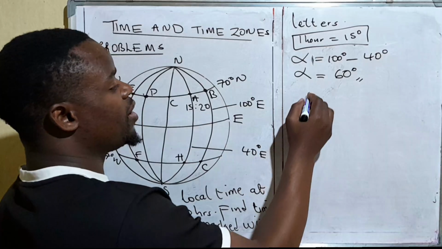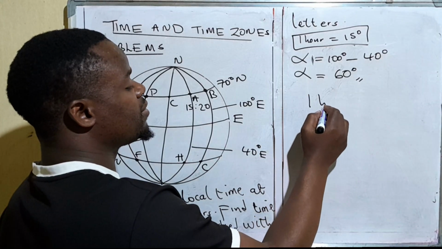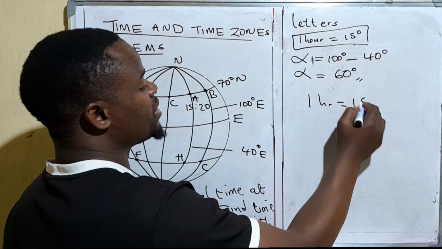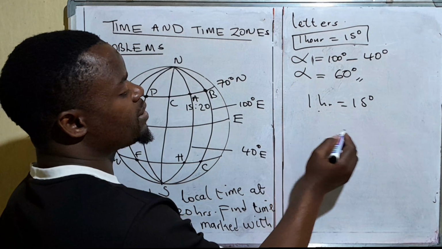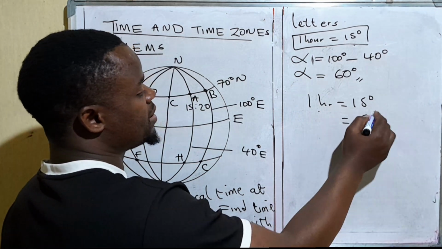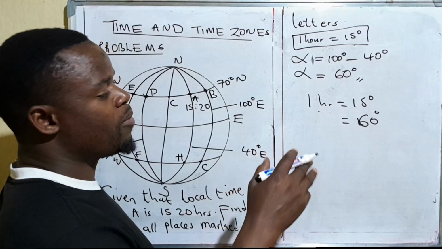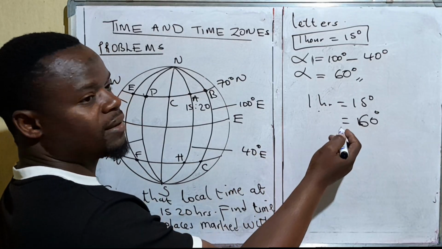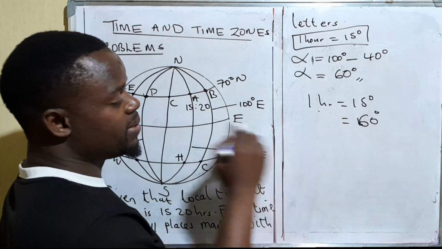So 1 hour is equal to 15 degrees. How about 60 degrees? The question is, how many hours would it take the Earth to rotate to this degree?